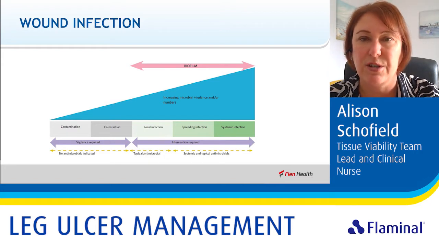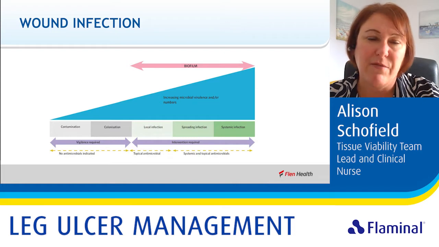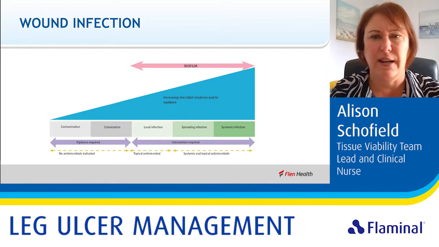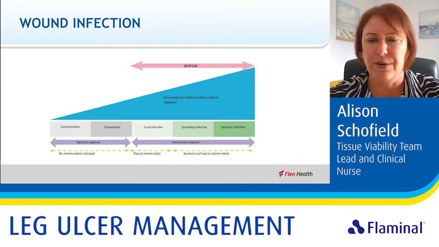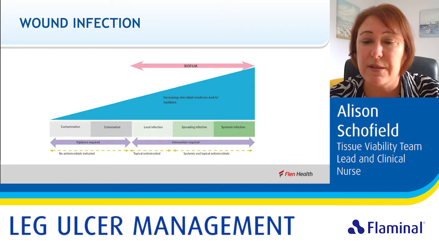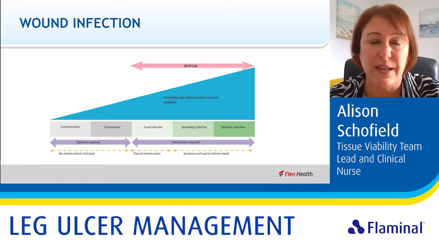The patient would have a pyrexia, raised temperature, feeling unwell, and antibiotics are definitely needed at this point. So just be aware of over swabbing, because we just need to be doing these things when it's actually appropriate.